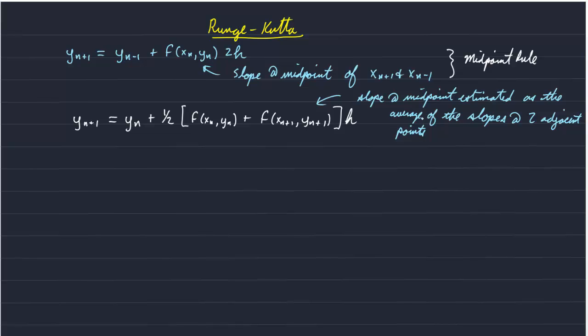But the problem is, you'll see that y sub n plus 1 appears on both sides of the equation, so we don't know that yet. So we can't apply the method exactly as it's written, but we can approximate the position of y sub n plus 1 by using the slope at the first point.